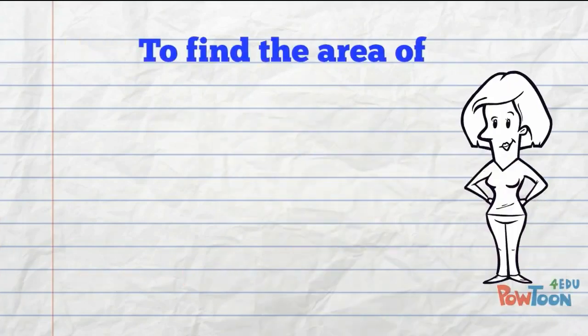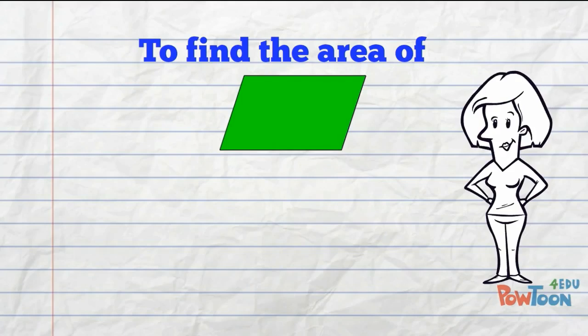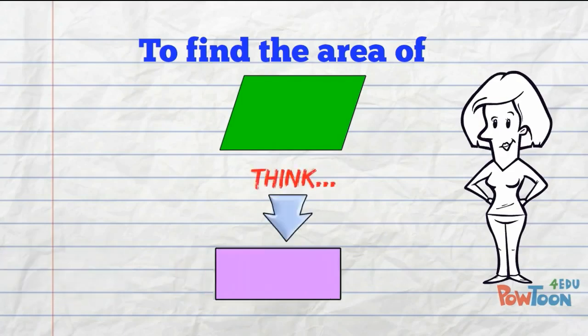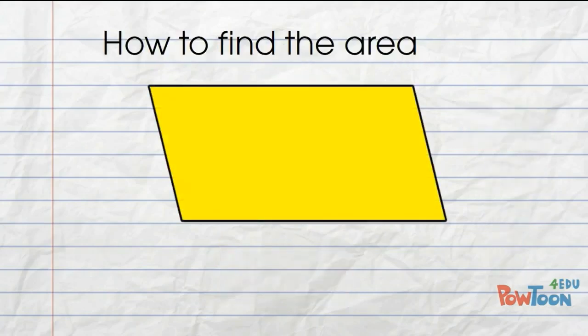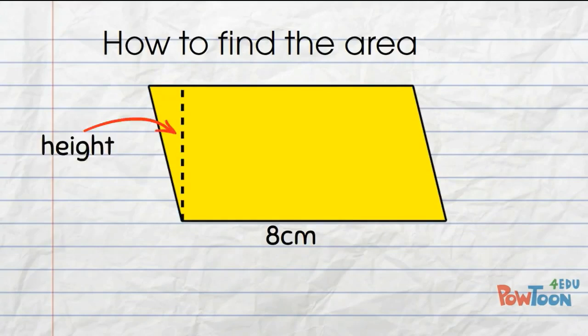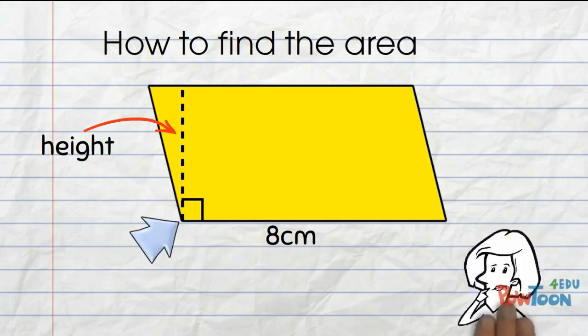When we have to find the area of a parallelogram, we think of it like a rectangle, like I just showed you. A rectangle has right-angled corners, so we have to form a right angle. We find the base, here it's 8 centimetres, and then we run a perpendicular line off the base to get the height. The height forms a right angle with the base, just like the right-angled corners of a rectangle.